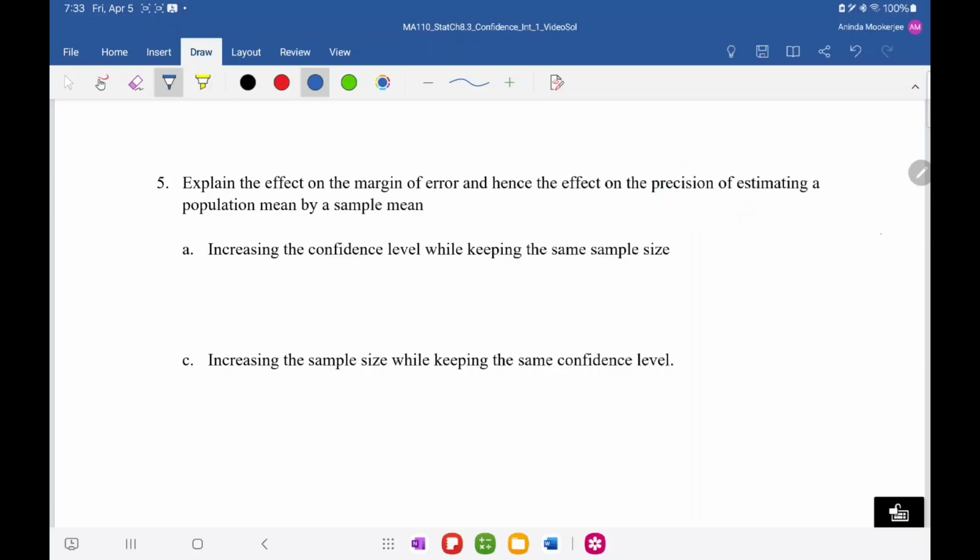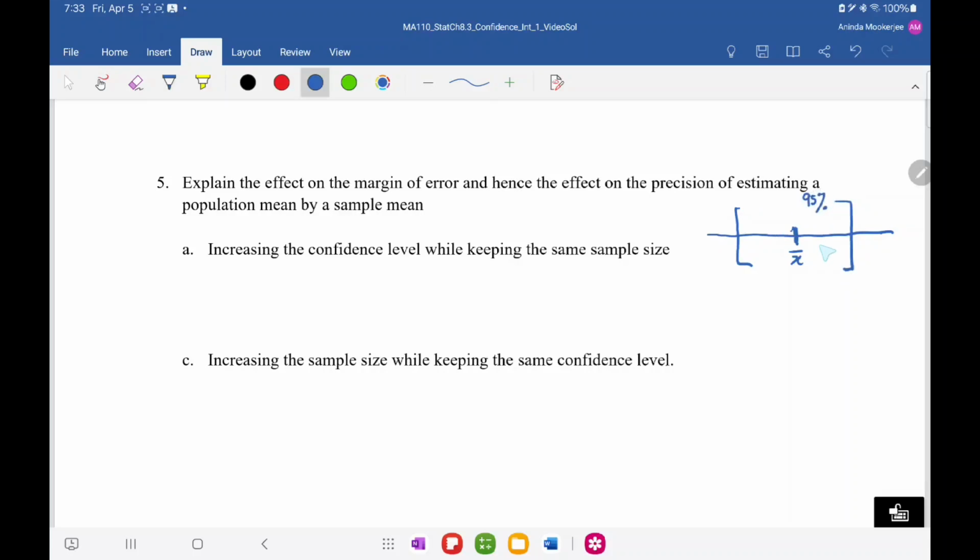So think about it. Let me just sketch an interval here because it will be easier to understand. Let's say we have X bar at the center on this scale, and then we build a confidence interval around the X bar, and let's say this is a 95% confidence interval.